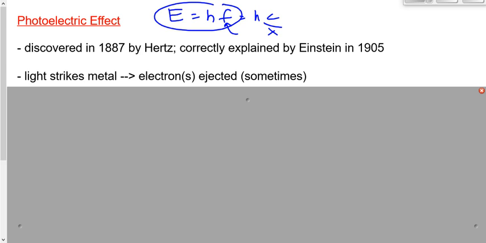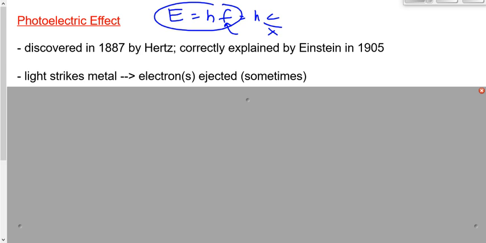How do we get more energy? Well, let's have more light, brighter light, more intense light, light that shines upon the metal surface for a longer period of time. In other words, you want more energy to get an electron ejected, you need more light.